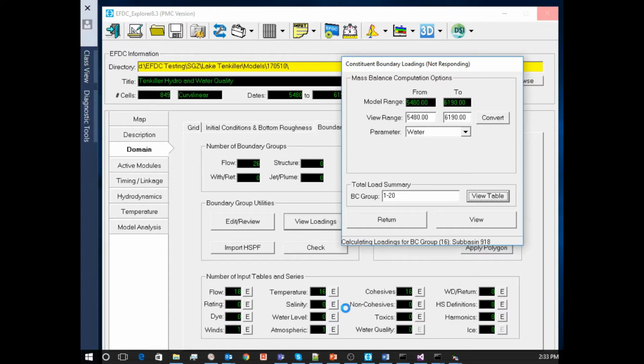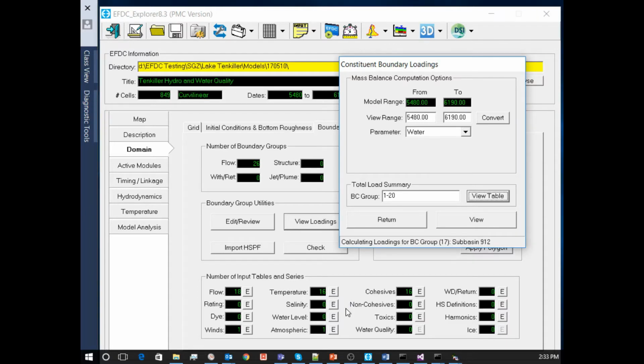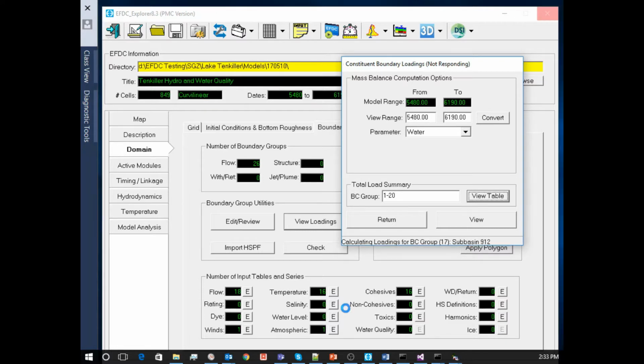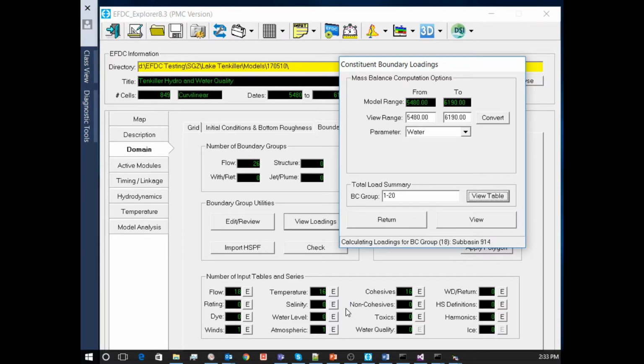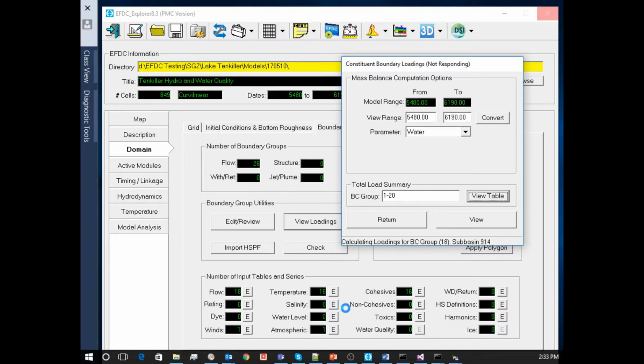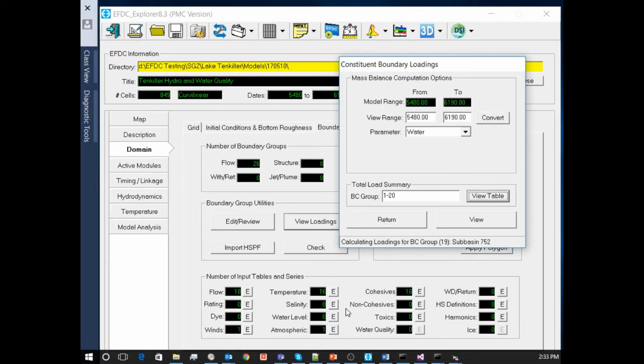Group 16. Maybe there's more than 20. Actually, there's 26 boundary groups right there. But I don't want to wait any longer, so this is just fine.